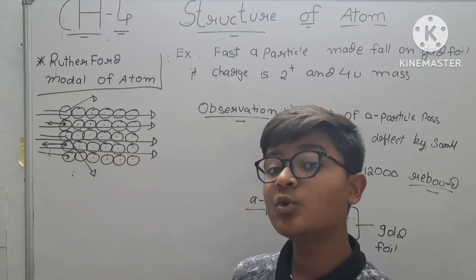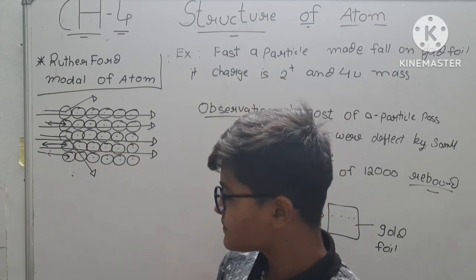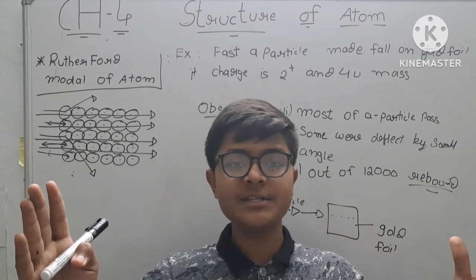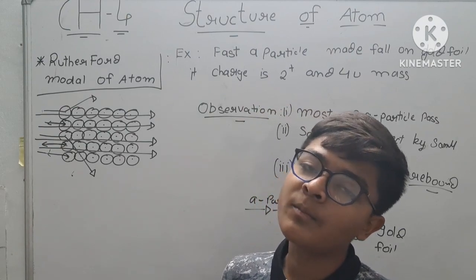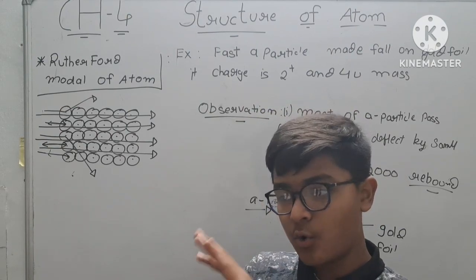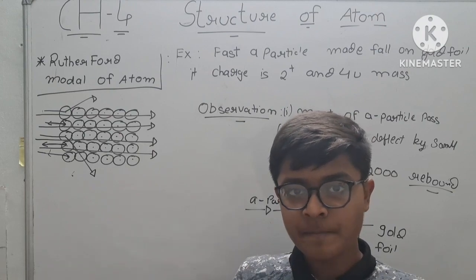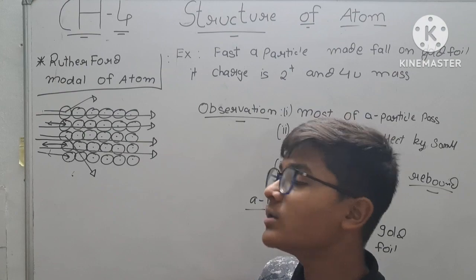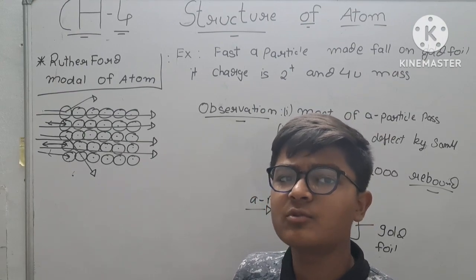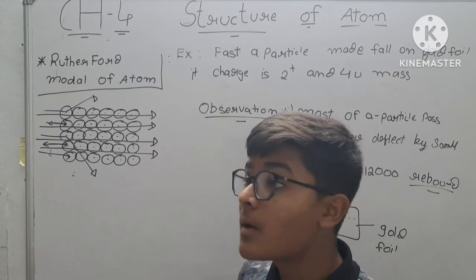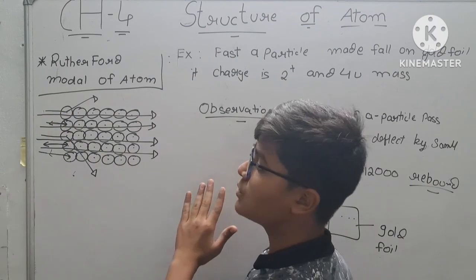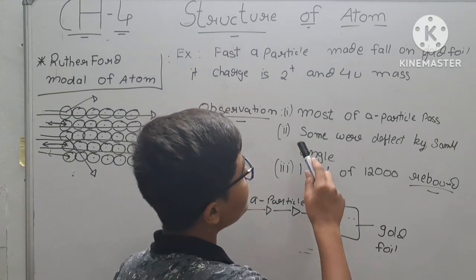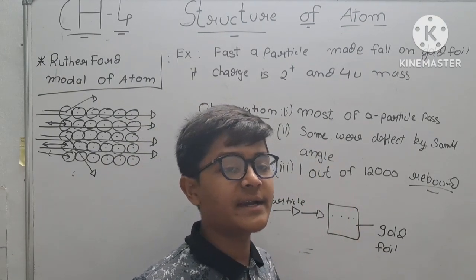He thought, as we all know, that positive charges repel each other. According to Thomson, the whole atom is a positive sphere with electrons embedded in it. So he thought the alpha particle would rebound, but most of the alpha particles pass through the atoms.